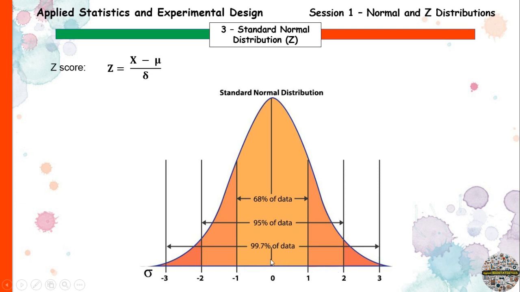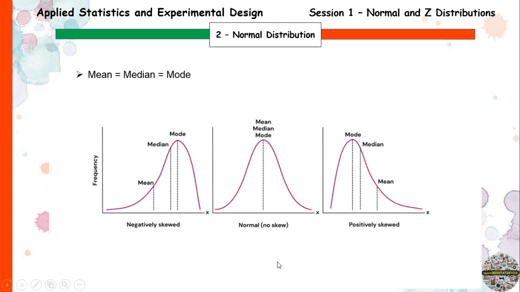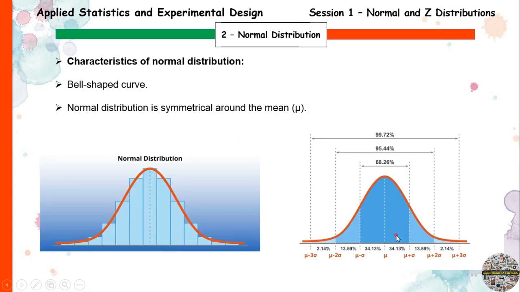In normal distribution, we have, for example, if the mean is 10, let me show you here, it's more obvious in here.